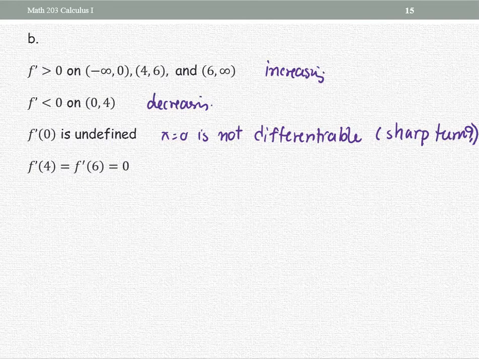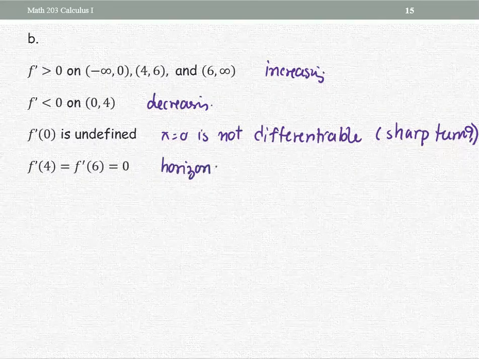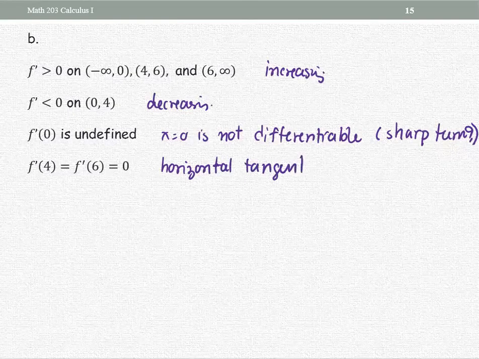F prime at 4 equals F prime at 6 equals 0. If F prime equals 0, that is a point that gives a horizontal tangent, or a critical point. Also at x equals 0, we call this another critical point.